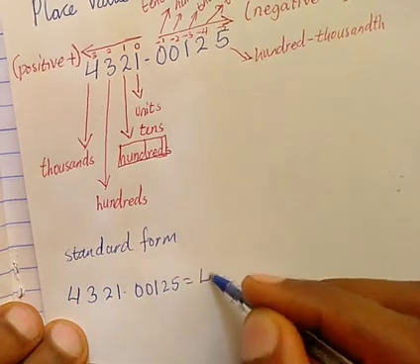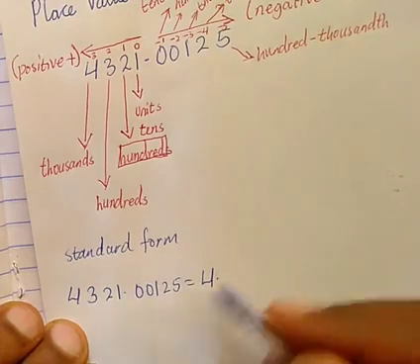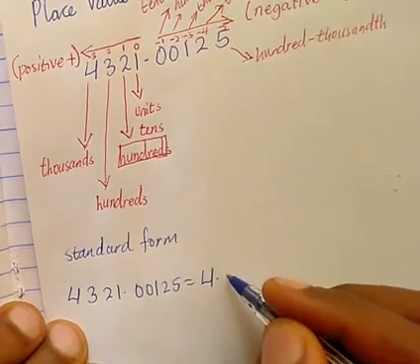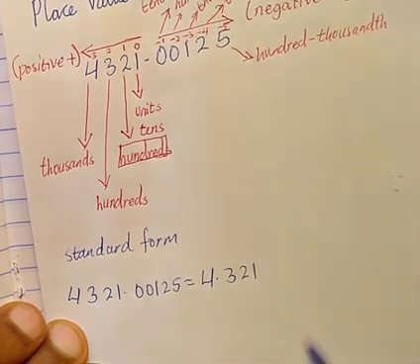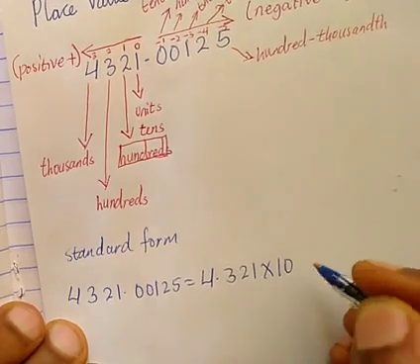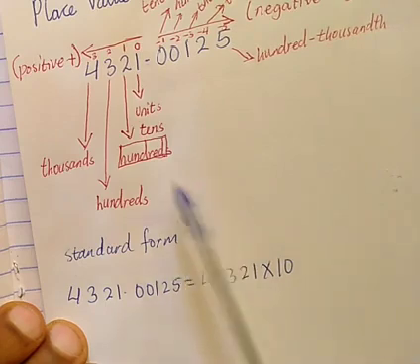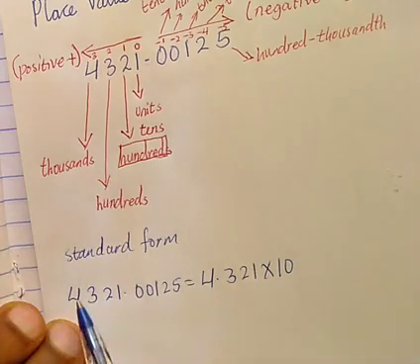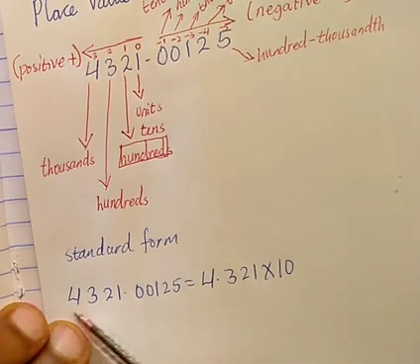So write 4, then put a point here and write the rest of the digits, or you can just write up to 3 of the digits that we have left. So now we write times 10 raised to power something. How do you know what we are going to write here? What is the first non-zero value that we have in this number? It is 4. So now what is the place value of 4 in this question?